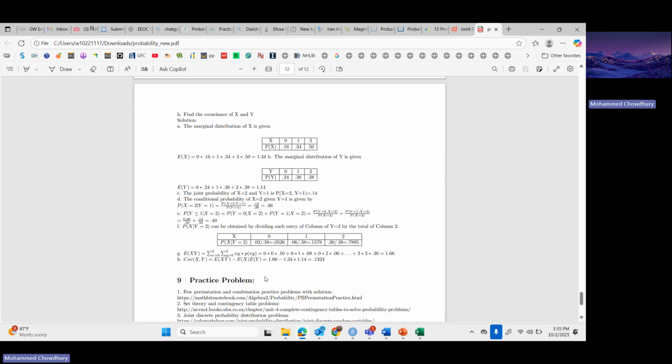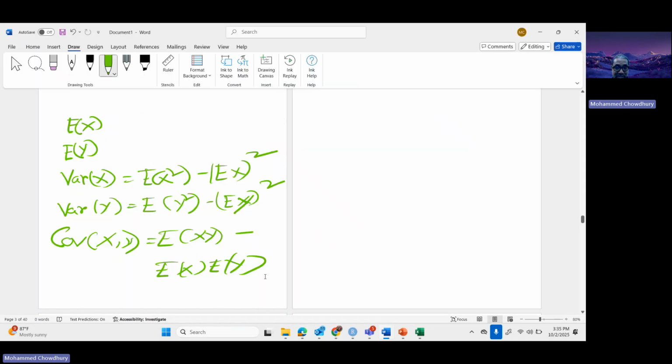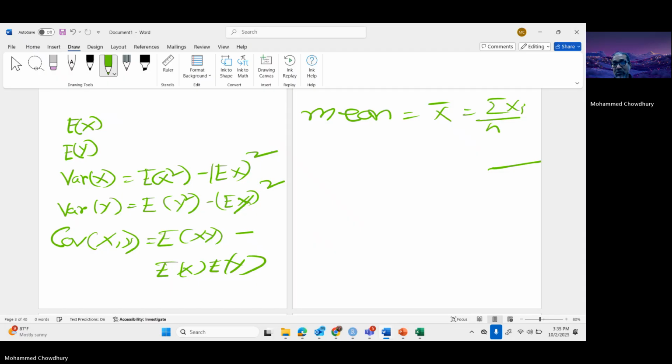Mean and variance you can find. Let me remind you, if I ask you to find the mean and variance, please don't fall from the sky, okay? So take a look at that. Mean from the data can be obtained by using this formula. This is known as the mean or average.